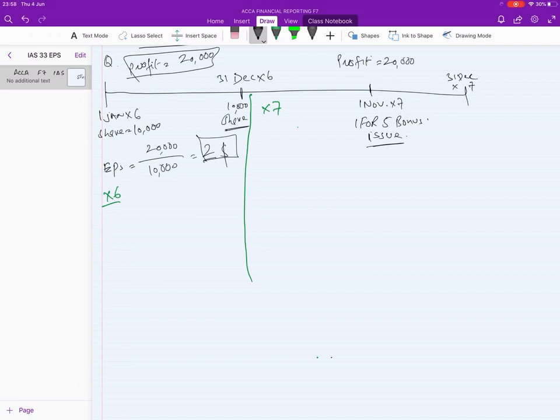It means last year's closing balance will be the opening balance for this year. So you will have a weighted average. We will calculate the number of shares here.